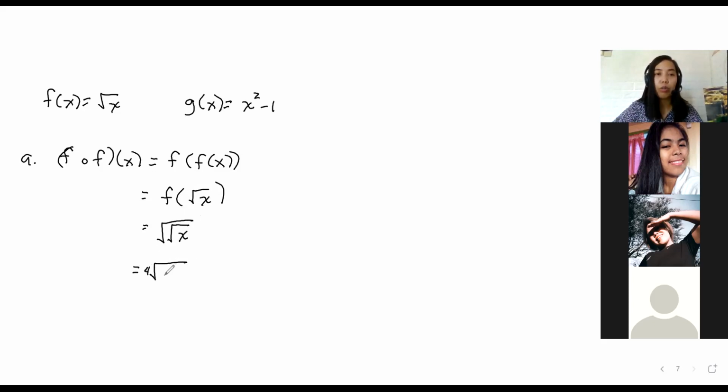4th root of x. Bakit? 1/2 times 1/2. This is also the same with square root of x means, ganyan siya, di ba? The exponential form for square root of x is x raised to 1/2.